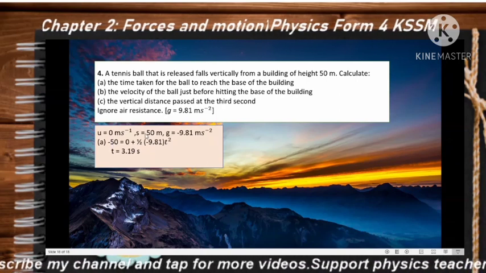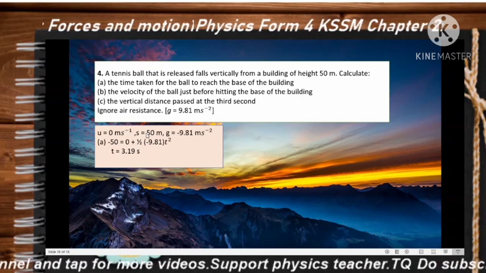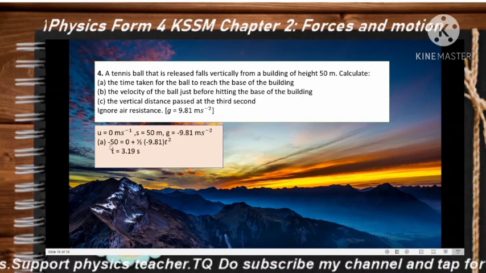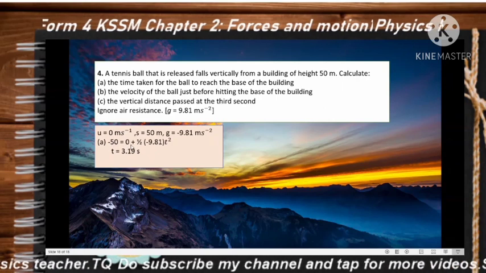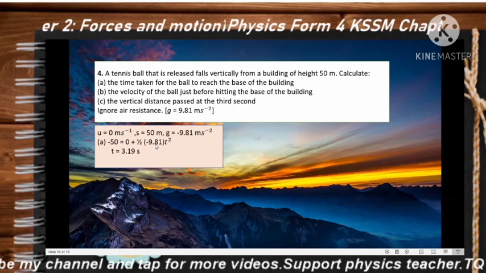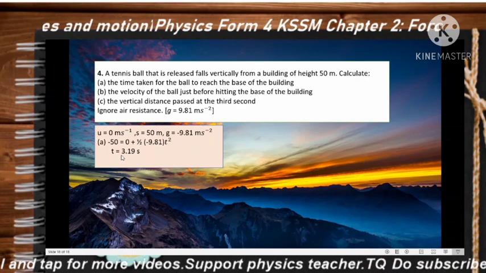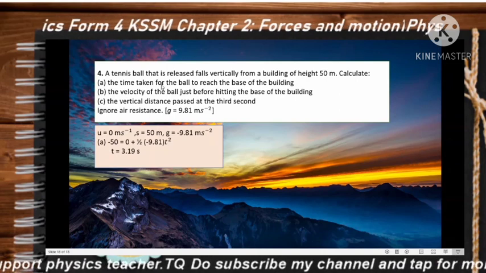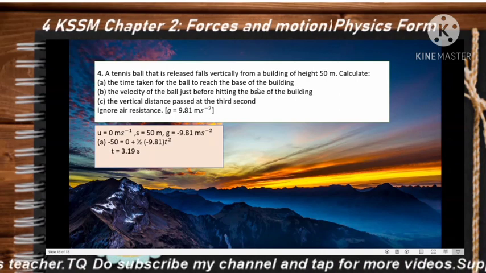This one I forgot to write down the negative sign, so you must put the negative sign. Downward, remember, downward. So s is negative 50, u is 0, half gt squared. g is negative 9.81. Thus you get t equals 3.19 second. That one is the time taken for the ball to reach the base of the building.